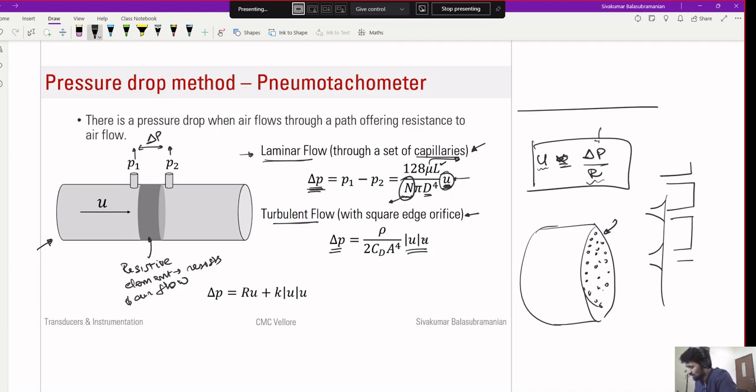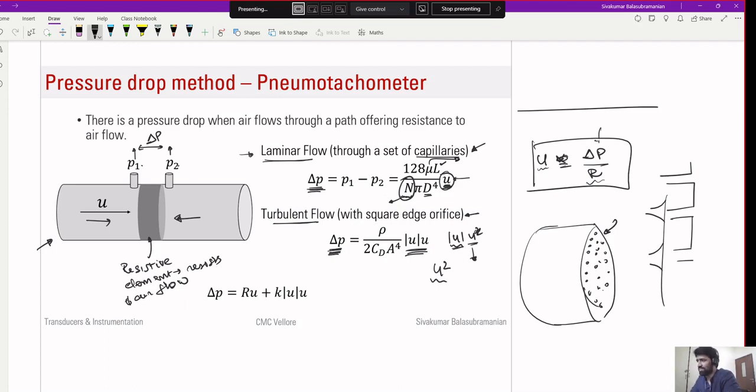Okay, it's not linear anymore because it depends on u square, and for example, if u was flowing in this direction, pressure here would be higher than here, but if it is flowing in this direction, this would be higher than this. That means delta p has a sign. So to account for the sign, instead of writing u square where you lose the sign, you write u times the magnitude of u, where u still contains the sign.